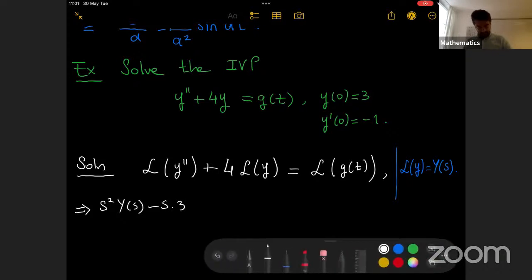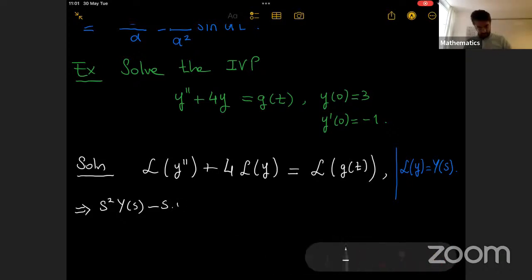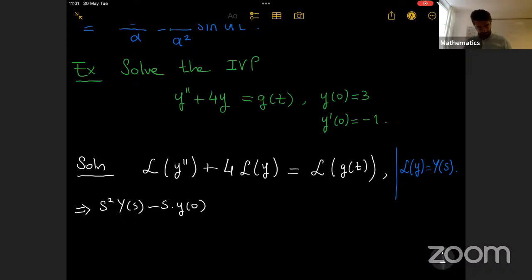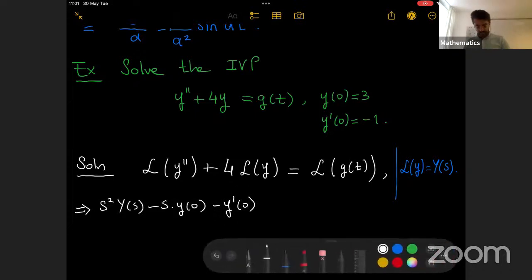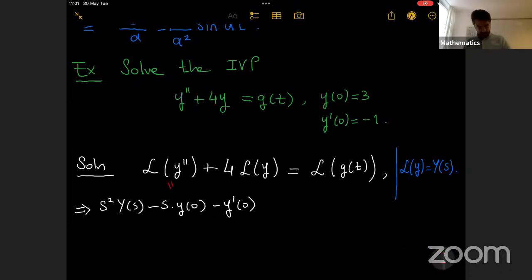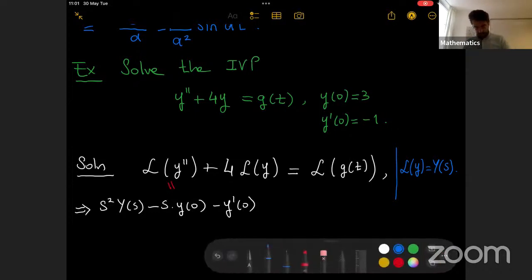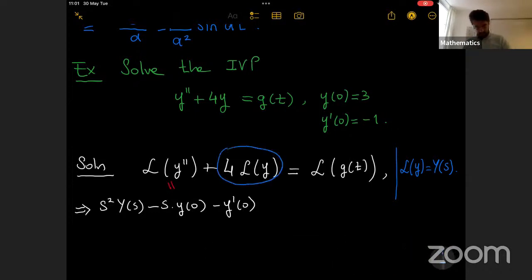Or maybe let's write it a long way: y of 0, minus y prime 0. This is the first part, this part here. Now we continue with this one.